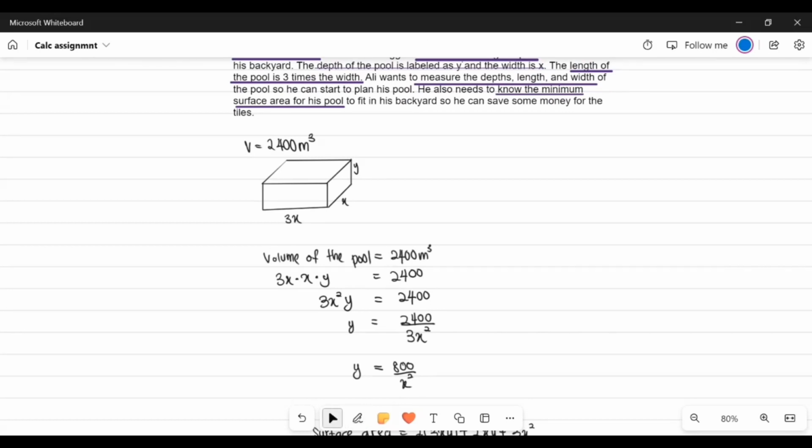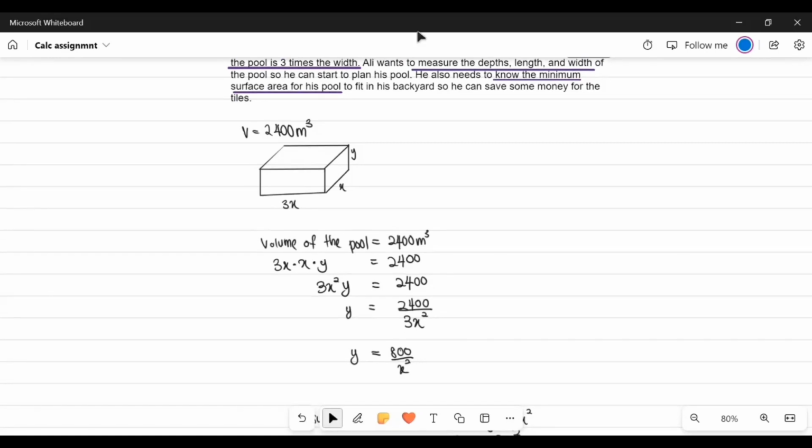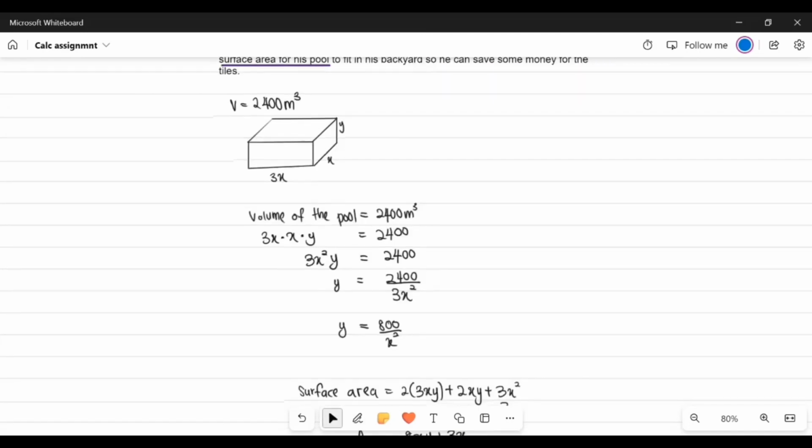The formula for a rectangular prism is length times width times height. The height is equal to depth. So here we will substitute it with 3x, x and y equals 2,400 meter cube.